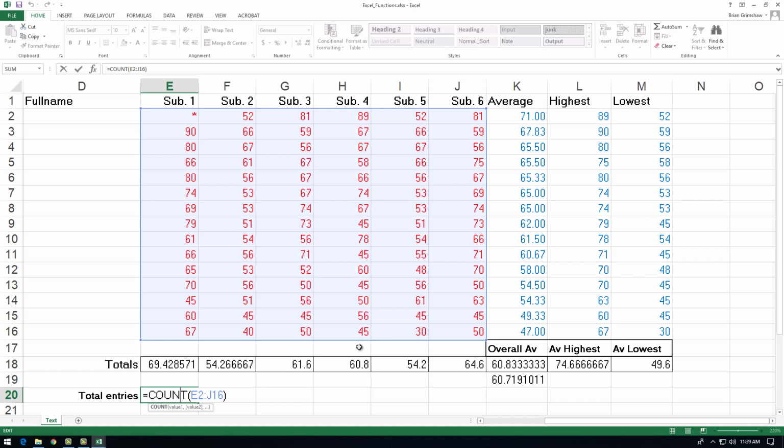It's counting the number of cells that have a number in them. And this asterisk is not a number, so it does not count it. Once again, the spreadsheet deals with letters and numbers completely differently. They're totally different types of data.